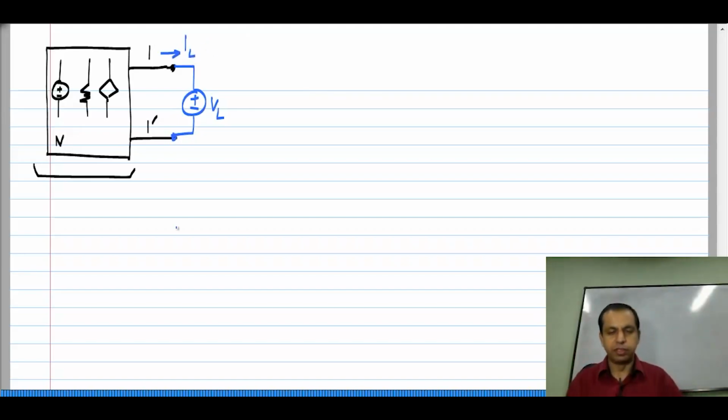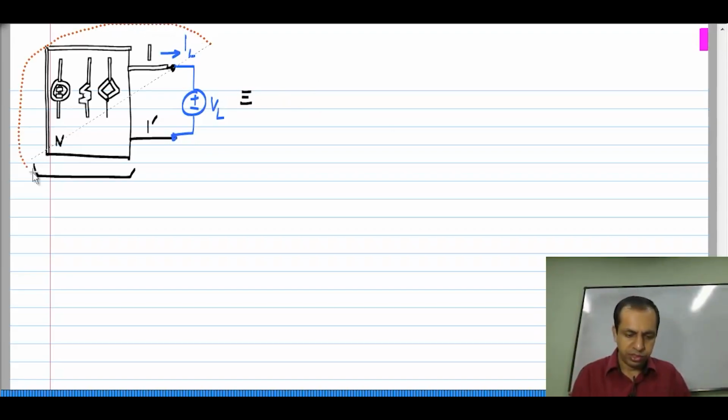Now, let us say I were given this circuit and asked to compute IL. There are independent sources inside and there is one independent source outside, which is VL. How would I go about solving for IL? I could use superposition. I can think of this as superposition of two cases.